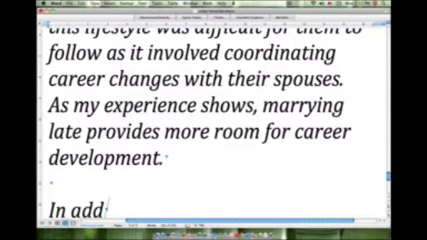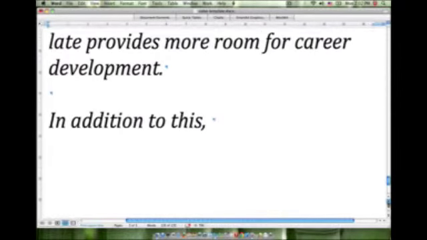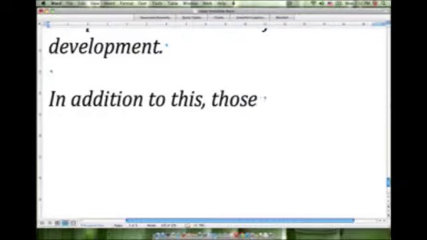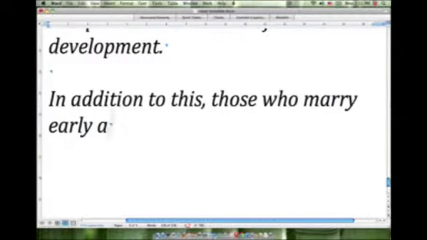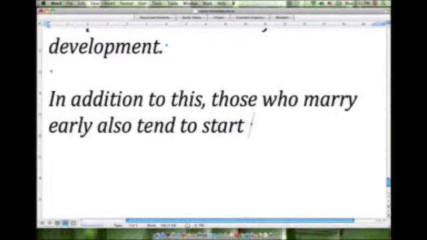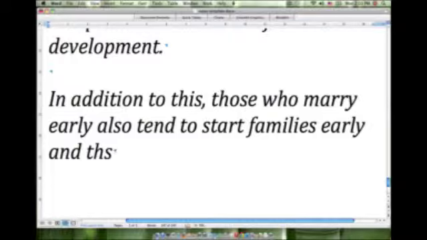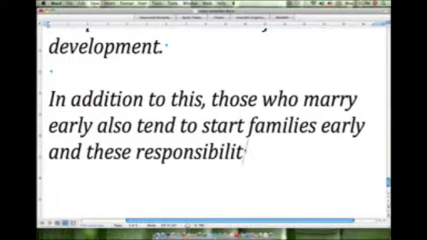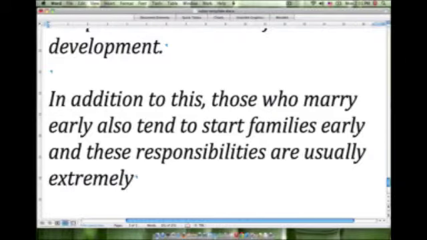So, linking phrase: in addition to this, those who marry early also tend to start families early, and these responsibilities are usually, let's say, extremely time-consuming.